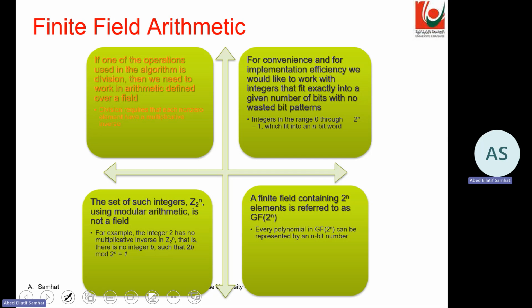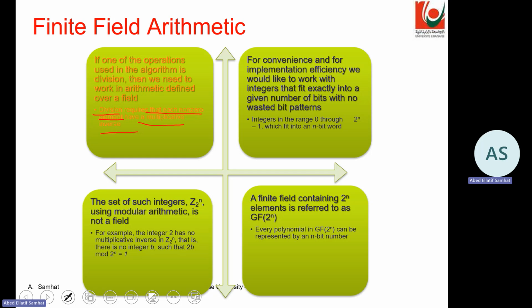One of the important things is that if you want to make division, each non-zero element should have a multiplicative inverse. As we said, if you want to divide by b, this means you are multiplying by the inverse of b. This implies that for each non-zero element, you should have a multiplicative inverse.